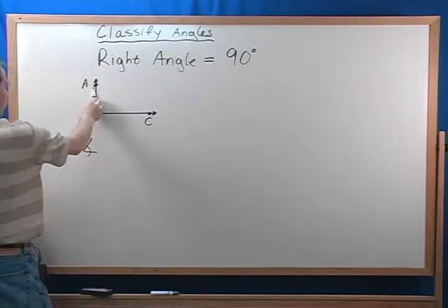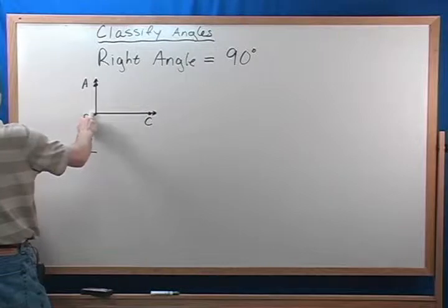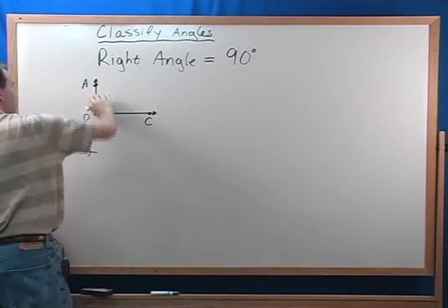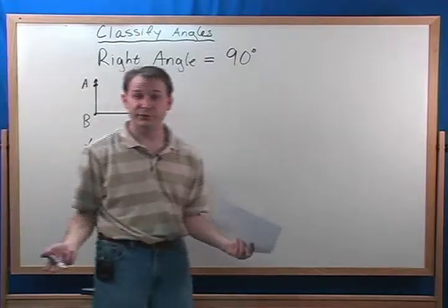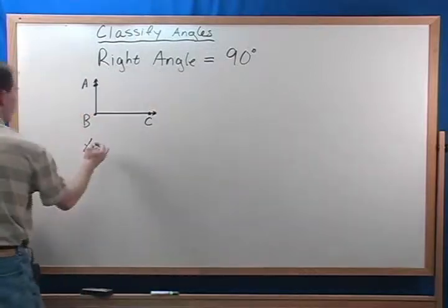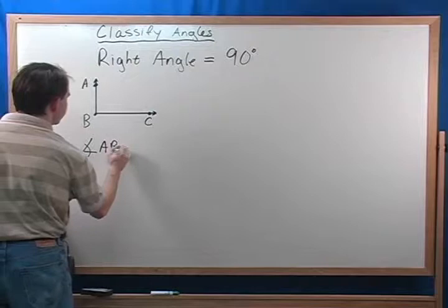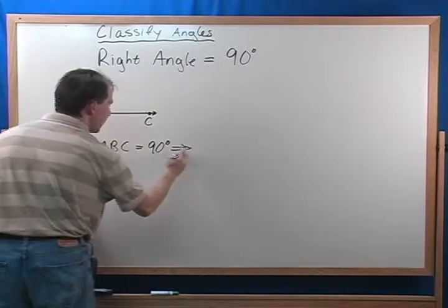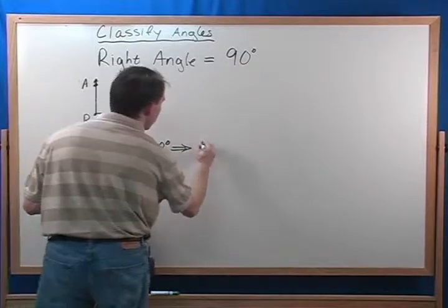Because this is a quarter, this is a half circle, this is the other part of the circle, and here's the whole circle. So once I've gone here, I've gone to 90 degrees. So angle ABC is equal to 90 degrees, which implies, that's what this symbol means, right angle.